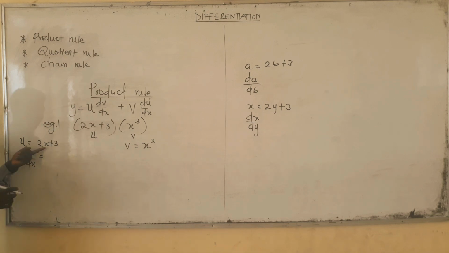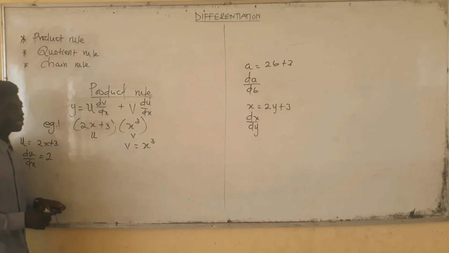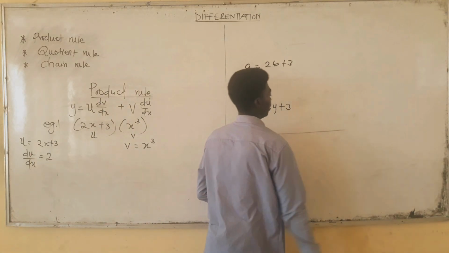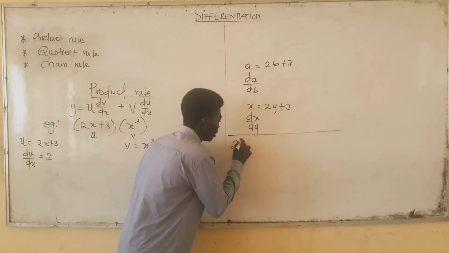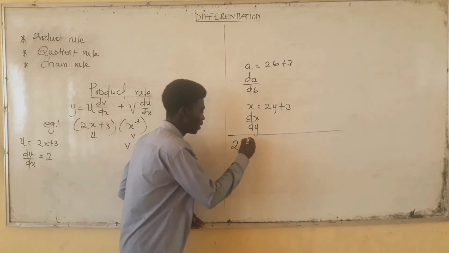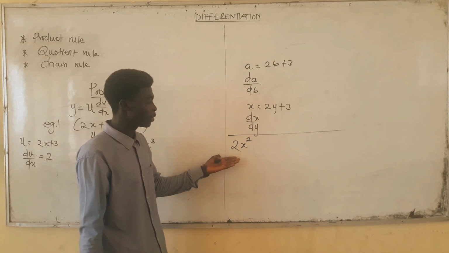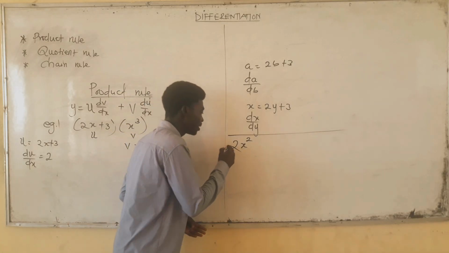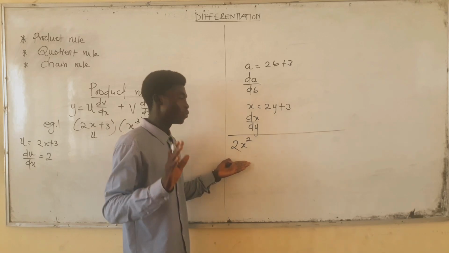So if you differentiate 2x, you are getting 2. And the reason is, anytime you see a question and want to differentiate, please take note of this. Let's say you have 2x, or let me bring an exponent of 2. You are going to use the power rule, and this is how the power rule works.